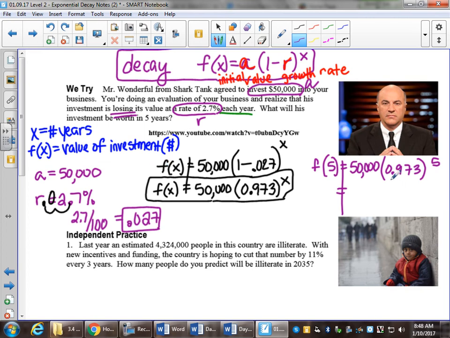People using a phone, make sure you do 0.973 raised to the 5th first, then times 50,000. But on a quiz or a test, phones are not allowed. So please make sure that if you do not have a calculator yet, you get one. In a calculator, you do 50,000, parenthesis, 0.973, caret 5. And as an answer, we get $43,604.79.